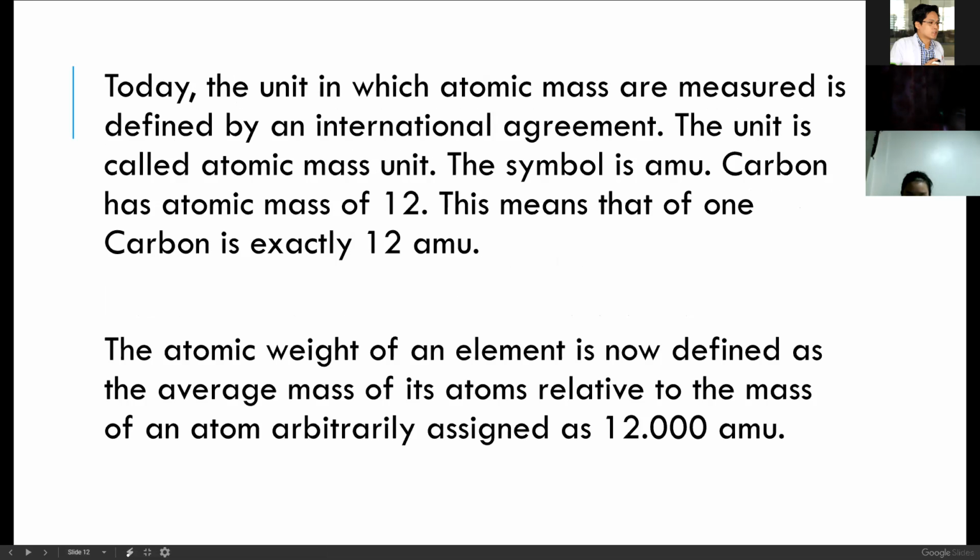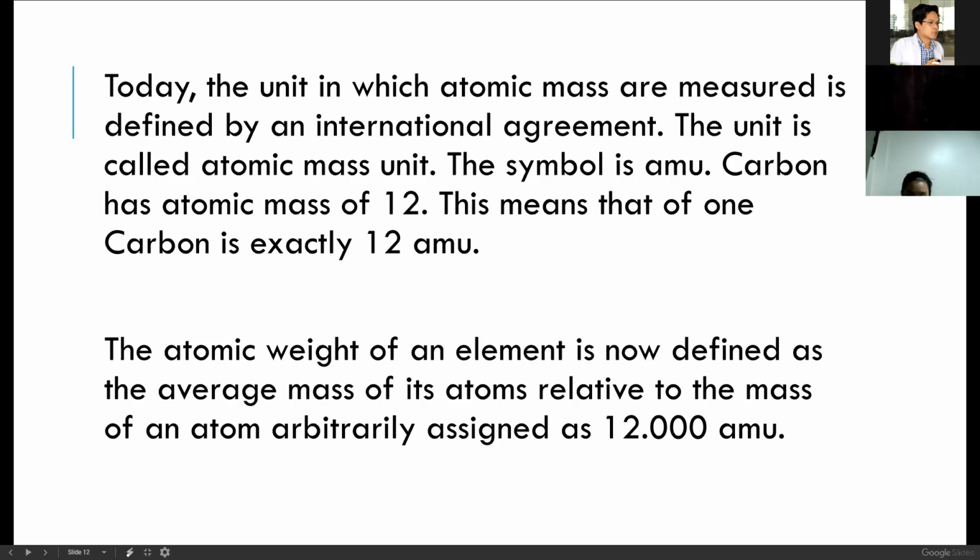Today, the unit in which atomic mass is measured is defined by international agreement. We have an agreement internationally to have a uniform idea about the measurement of the atomic mass. The unit is called the atomic mass unit, and the symbol is AMU. Carbon has an atomic mass of 12.